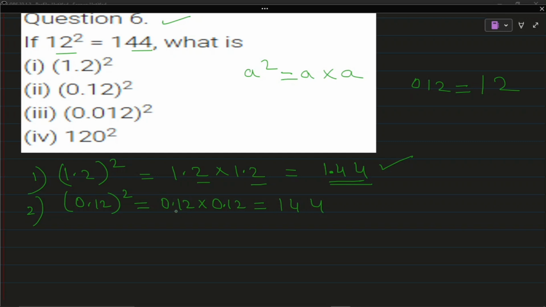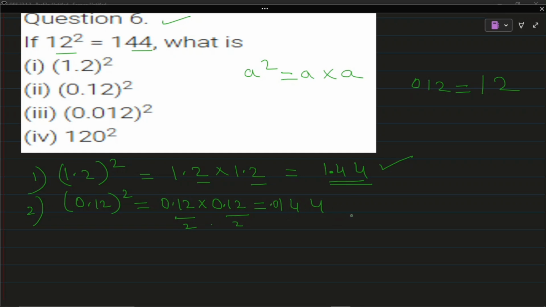Now you see here after decimal 2 digits, and here also after decimal 2 digits. So in the answer after decimal 4 digits should be there. So we will start counting from here. So 1 place, 2 place, 3. We want 4, so we will put a 0 here and then put the decimal.